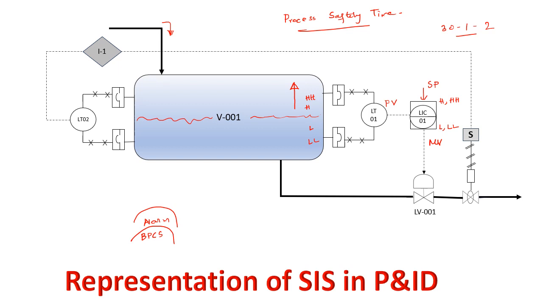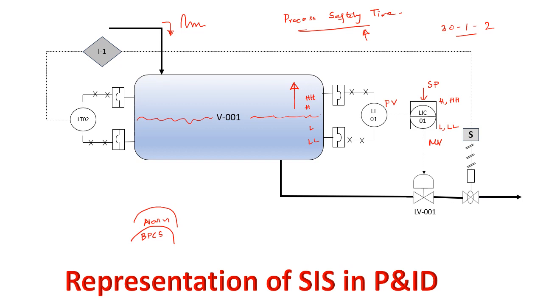It depends on multiple things: what is your line size, what is the maximum disturbance this flow can bring, what is the size of the vessel, and everything. This calculation is done very initially by the process designers, and that gives us the process safety time.